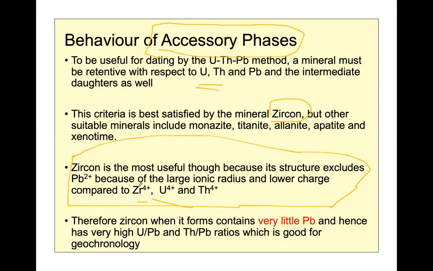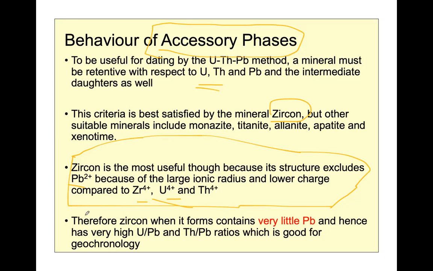I mean, lead cannot be accommodated in zircon, but uranium and thorium will be there, right? So once you have uranium and thorium in considerable quantities in zircon, with time, what happens? They decay into radiogenic lead. So then those newly produced radiogenic lead will be accumulated within the zircon.